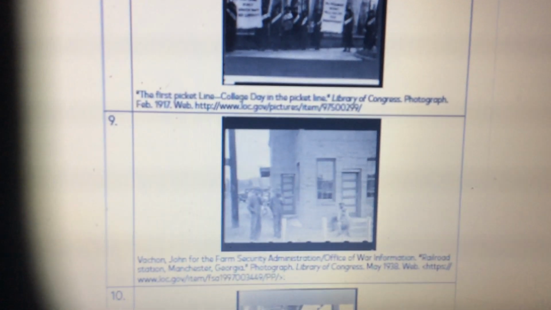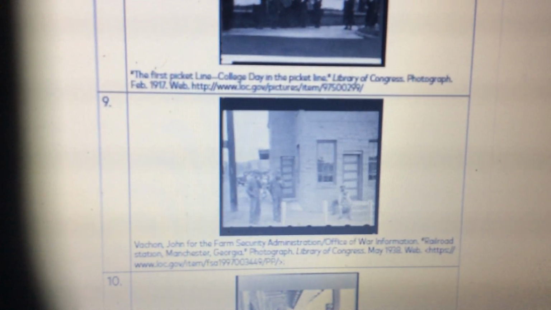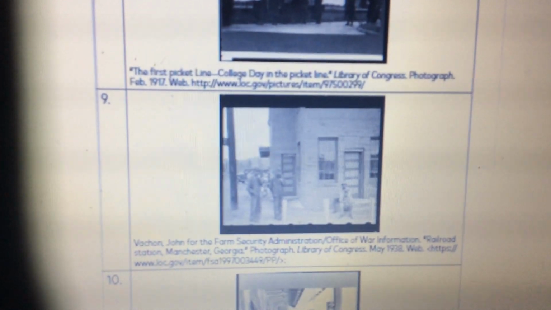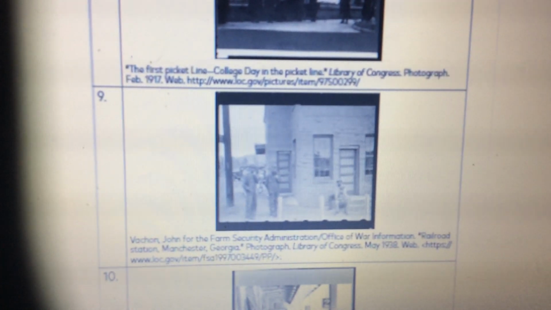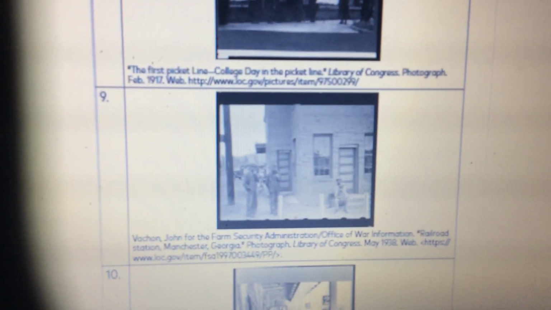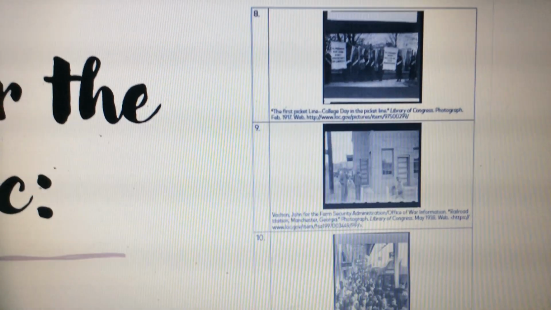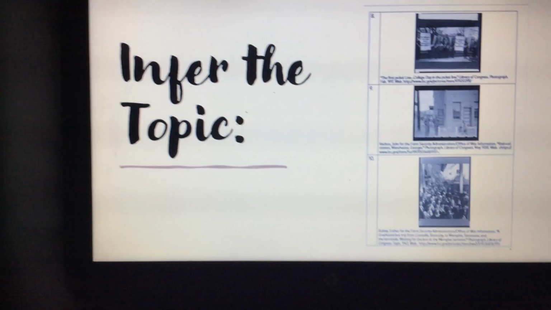The next one is a guy named John, and he is the Farm Secretary Administration, and he's at the Office of War Information there. And our last picture here is a group of people that are waiting to get on a train, it looks like. So what do you notice about these 3 pictures here?